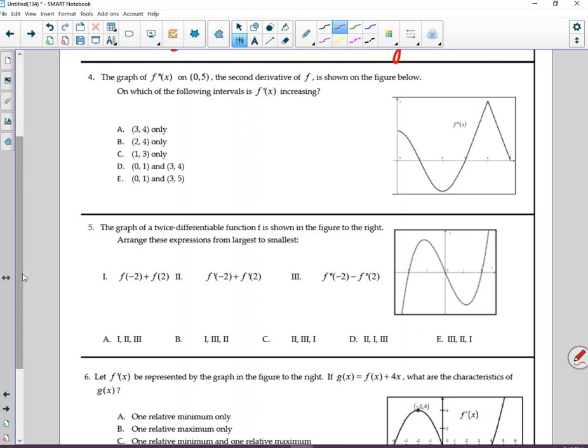Okay, so this is an f double prime graph on number 4. I want to know where f prime is increasing.